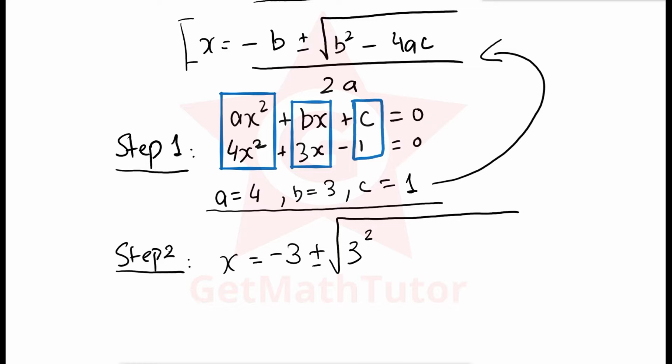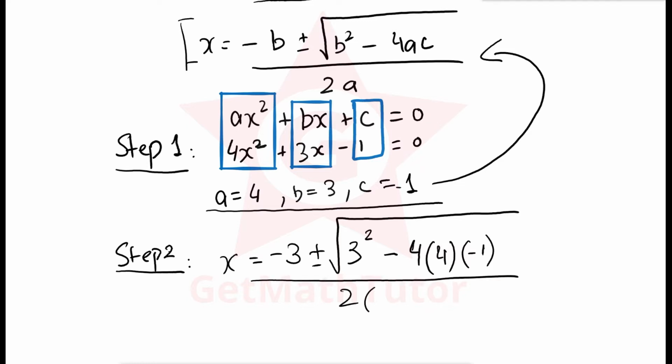And then I'll write the minus sign, then write 4, then the value of a, which is also 4, inside the bracket. Then I'll write the value of c, which is minus 1 in this case. Under it I will write 2 times a, which is 4.